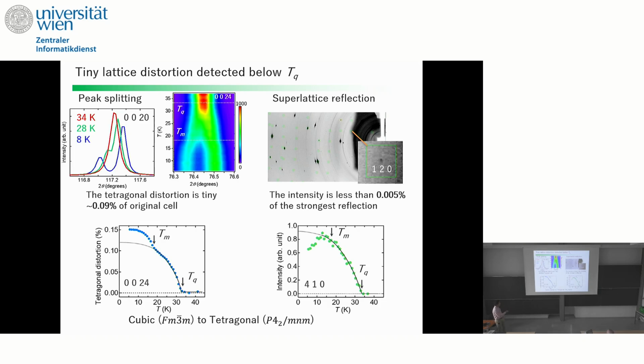This is the temperature dependence of the tetragonal distortion, and this is the temperature dependence of the superlattice intensity. As clearly seen, the structural change occurs from TQ. So those indicate there is a structural transition at TQ. And from the extinction rule, we decided the low temperature space group to be P4_2/nmc.